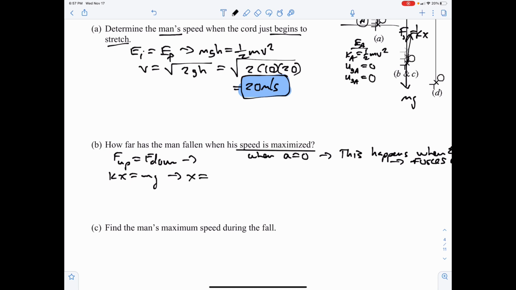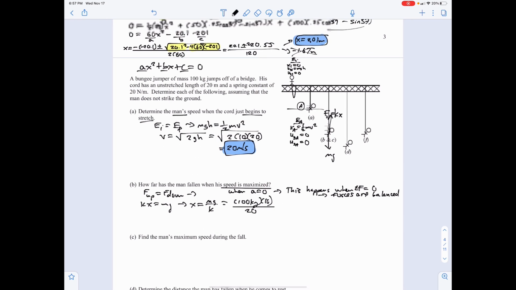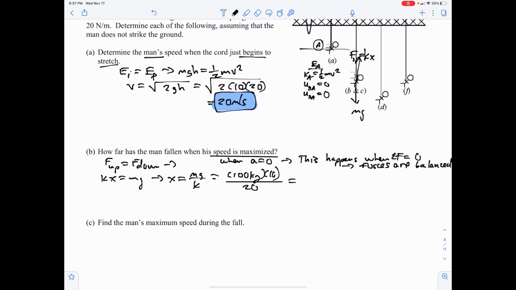So that's going to be mg over k. So we've got 100 kilograms times 10 over k, which is 20 newtons per meter. And 1,000 over 20 would be x equals 50 meters.